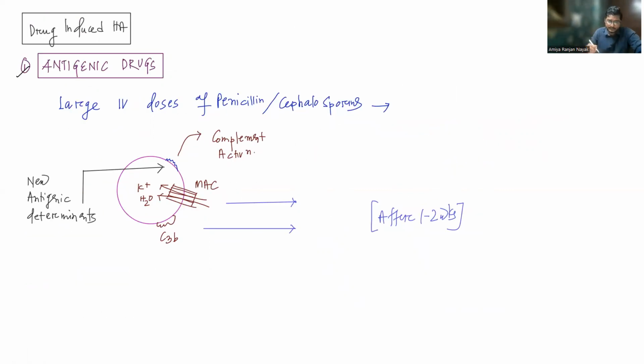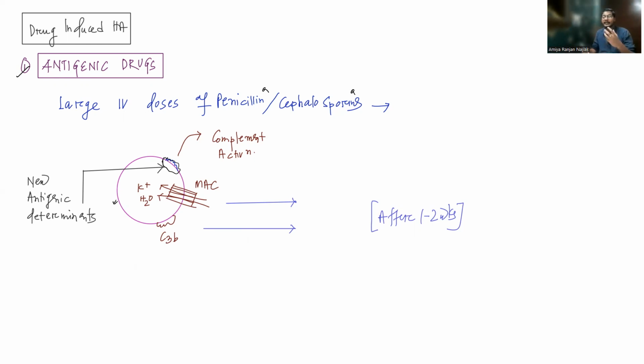Now there are certain drugs like penicillins and cephalosporins. In large IV doses, penicillin and cephalosporin can create some newer antigenic determinants over the surface of the RBCs. So you can see this is the RBC, and these are some of the newer antigenic determinants.